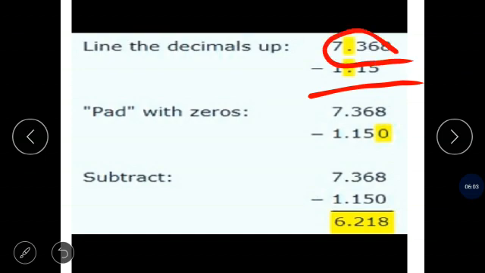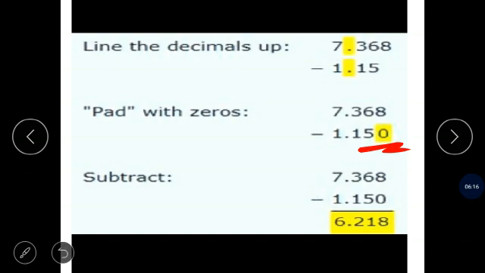This one has 3 and this one has 2 decimal places. How many zeros do you require? Only 1 zero. Just add that. Now line up and subtract as you subtract simple numbers.